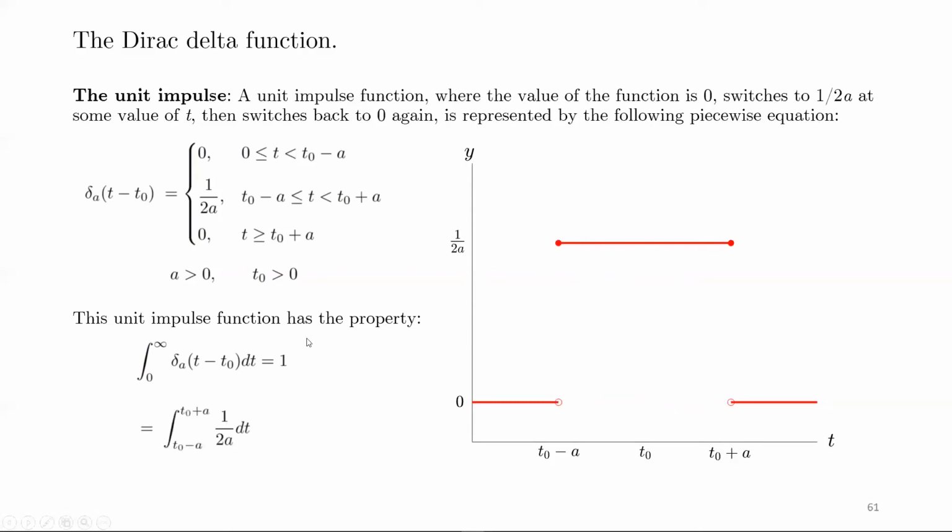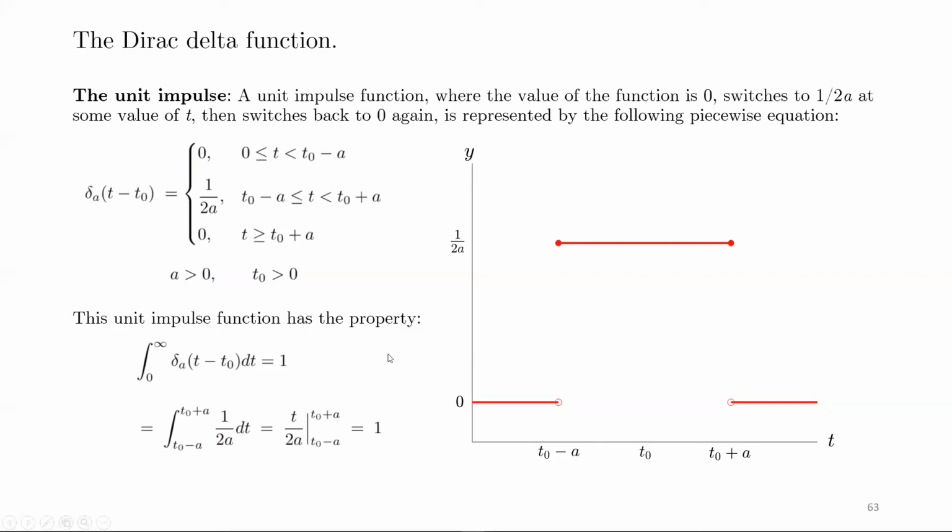You can easily evaluate this function because it is 0 outside the limits t naught minus a and t naught plus a, and it's 1 over 2a inside those limits, and prove to yourself that the area is equal to 1.